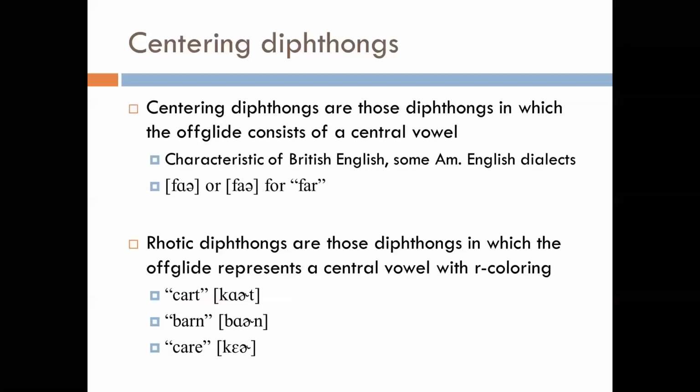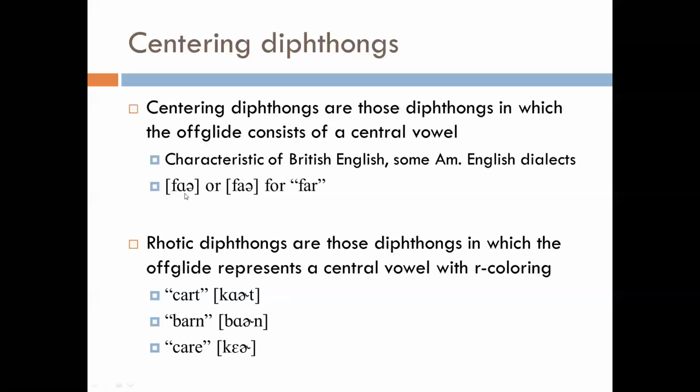For most dialects of English, that's because of some sort of central vowel, and in the case of most American English dialects, it may be a rhotic vowel, which is also in the center area.